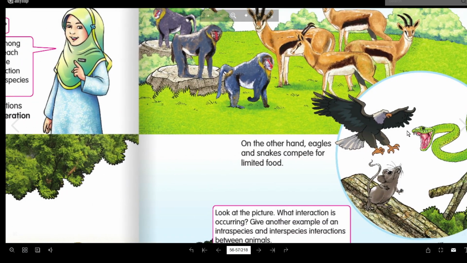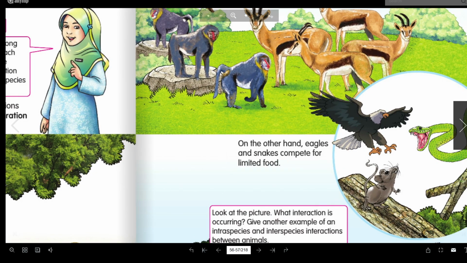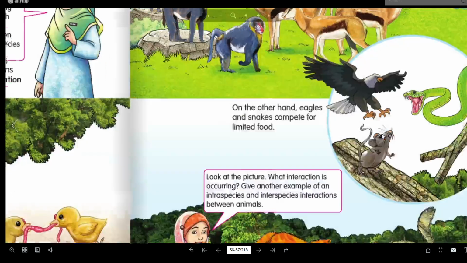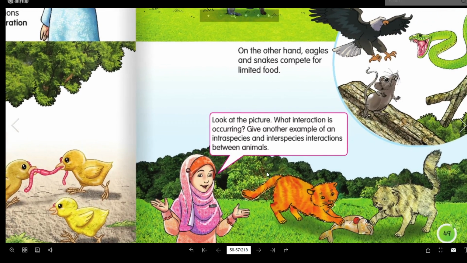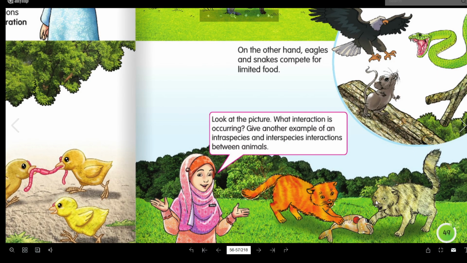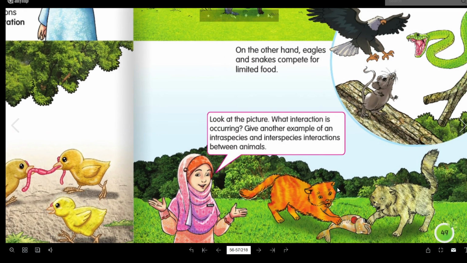On the other hand, here you see eagles and snakes. They are competing for limited food. So this type of interaction is competition, right? Look at the picture. What type of interaction is occurring? Is it interspecies or intra? What do you see? They both are cats, right?